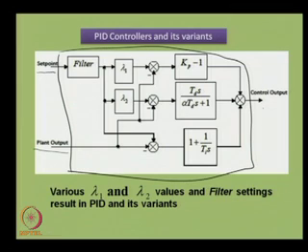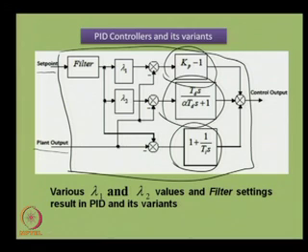Now, what are those three components of a PID controller? This is the proportional controller we have, integral controller and derivative controller all in parallel. This form of the PID controller is known as the parallel PID controller. Now, you see there are some other parameters involved in the controller structure. Those are lambda 1 and lambda 2.